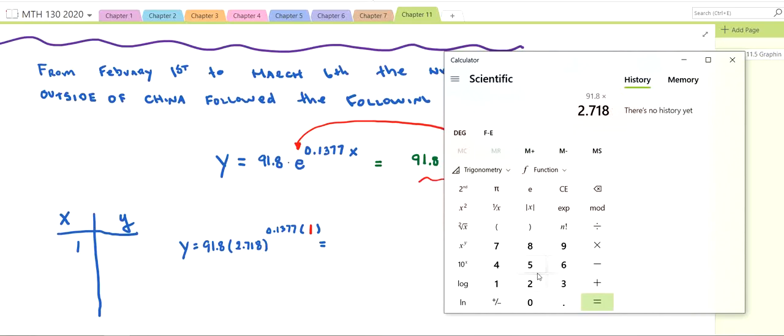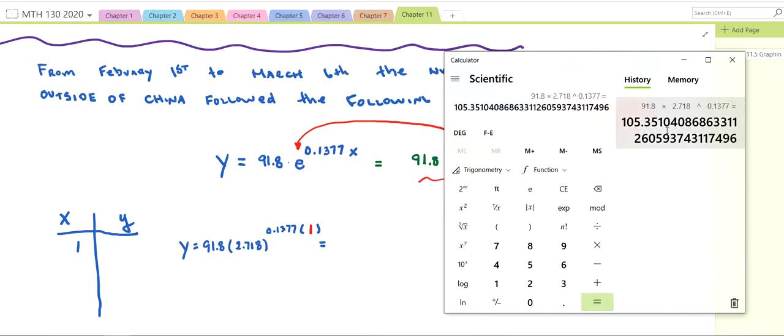Now this is raised to the power, so that's what that little caret will do, x to the y, raised to the power of 0.1377 times 1. I'm not going to do that, but this equals 105.35, 1 something something. I'm just going to round to the nearest person because we can't really have a portion of a person. So y is over here.